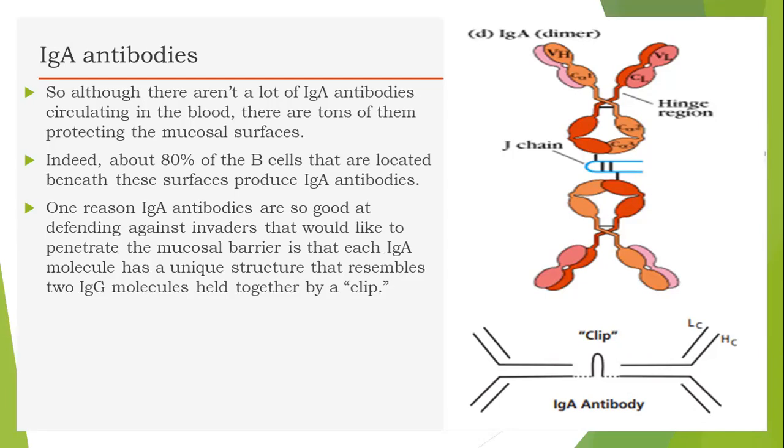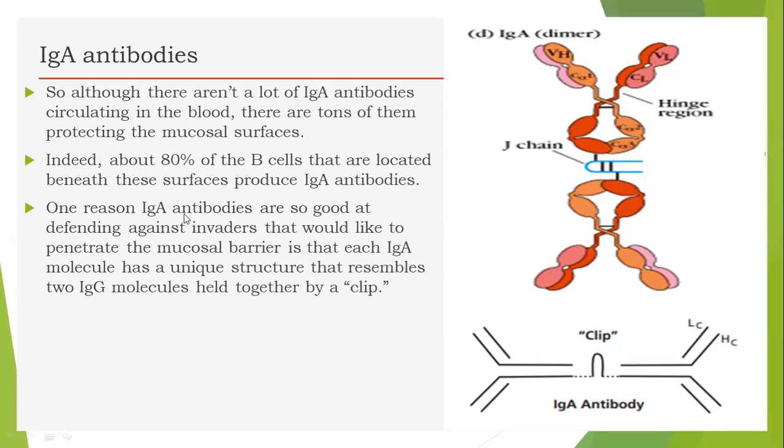That comes back to its unique structure. Like I've said, you have the basic unit of an immunoglobulin and the other basic unit held together by the J chain, or the clip, as it's also referred to.